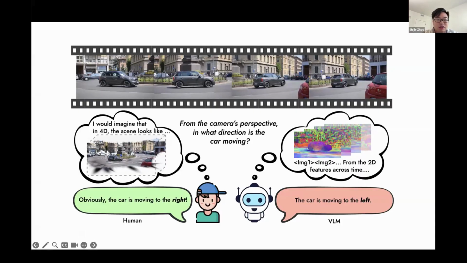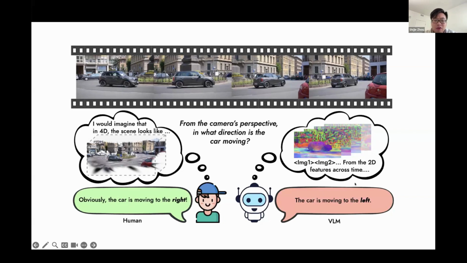So it's very easy for us to reason that the car is moving to the right, no matter where it's located at every frame, at every time step.